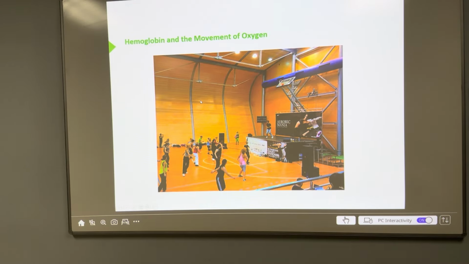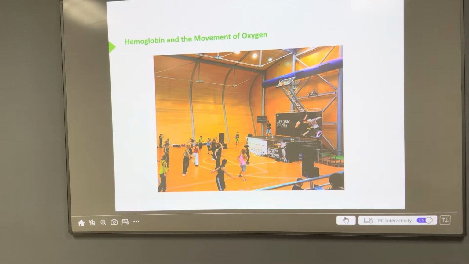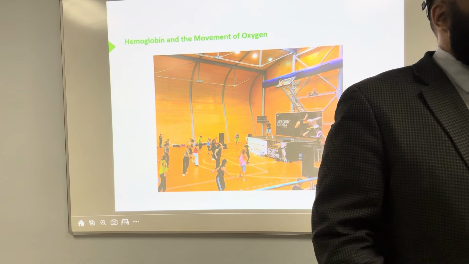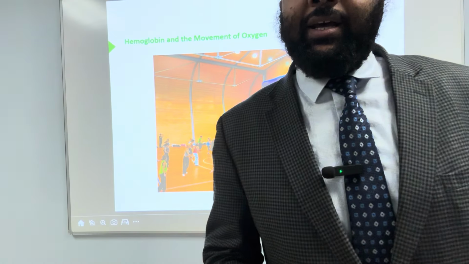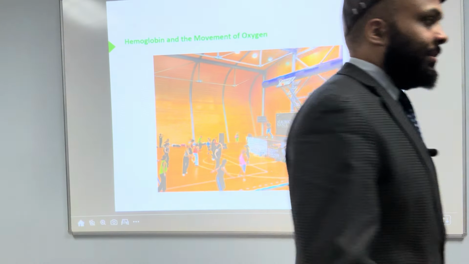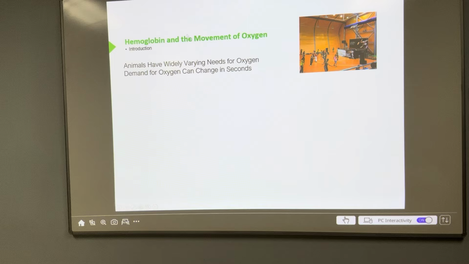The activity of hemoglobin is based on the metabolic demand. Are you running a marathon? Are you exercising? Do you need oxygen? Then absolutely your hemoglobin is going to be operating at maximal capacity. Animals have widely varying needs for oxygen, and the demand can change.